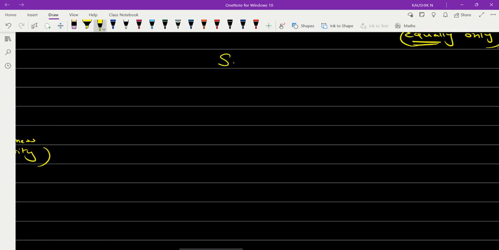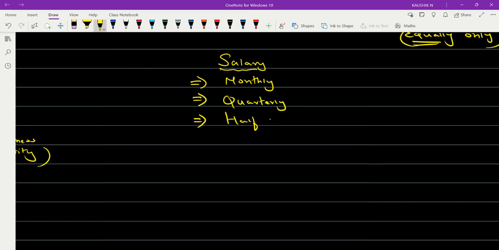When I use the word salary, it could be a monthly salary, or it could be on a quarterly basis, or on a half yearly basis, or per annum, that is, annual basis.